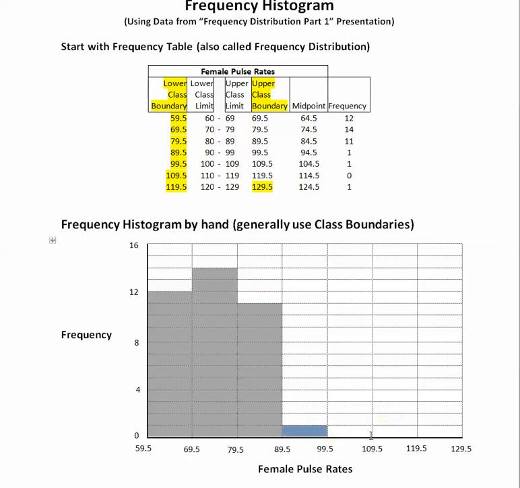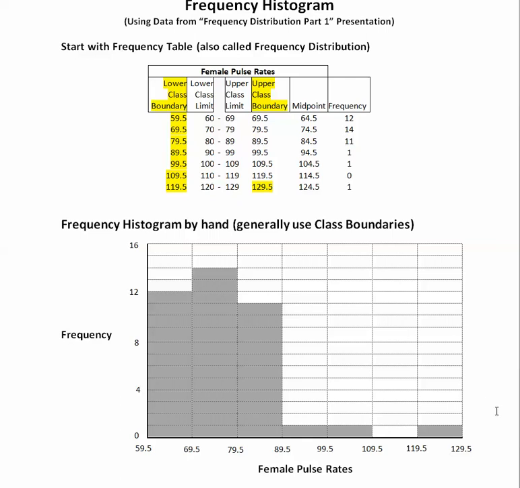The fifth class, the frequency is also 1. So that is right there. This class, the frequency is 0, so there is nothing to do. Just leave that blank. And this class, once again, the frequency is 1. So there you go. That is a complete frequency distribution.